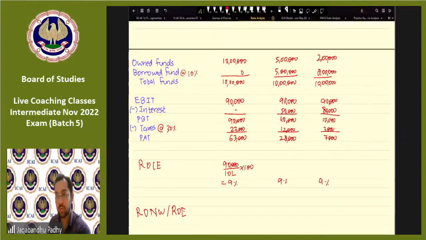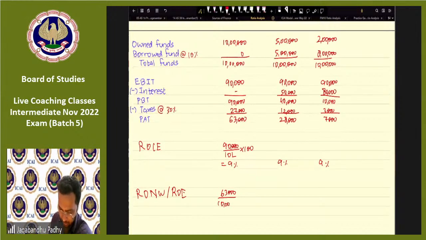Now, give me what's the return on equity for P, Q, and R. For P, it is 6.3%, right? Because that's 63,000 divided by 10 lakh.